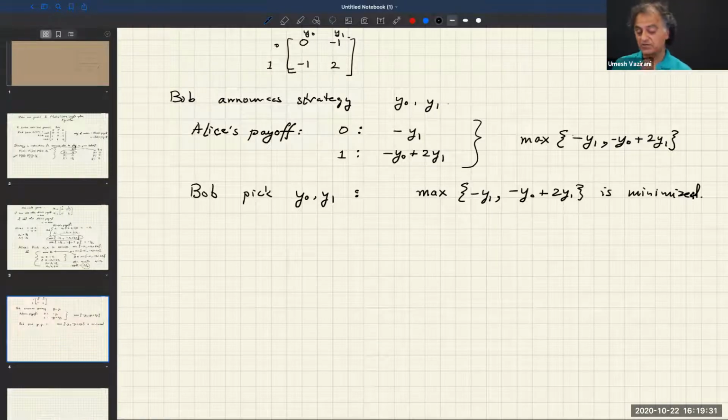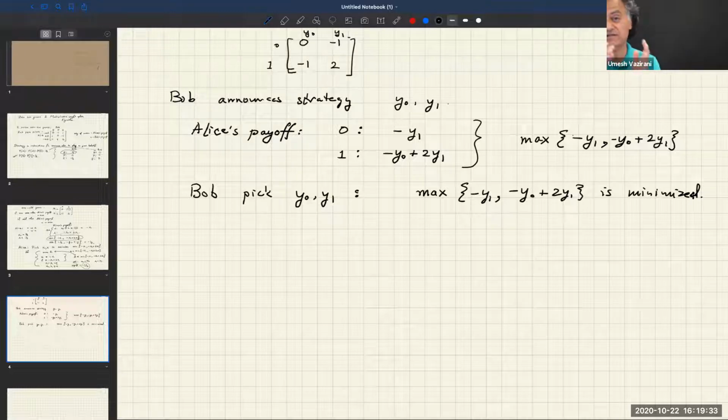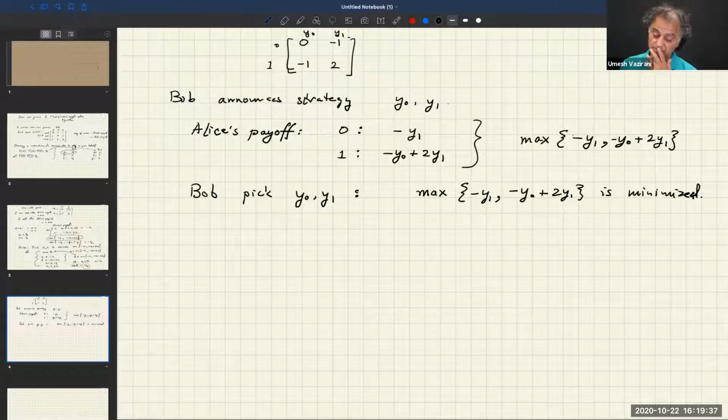So he wants to pick it so that this maximum is as small as possible. Again, you can write it as an LP.